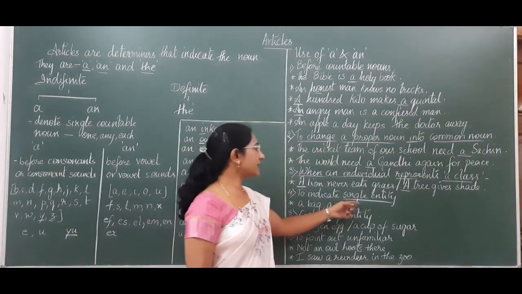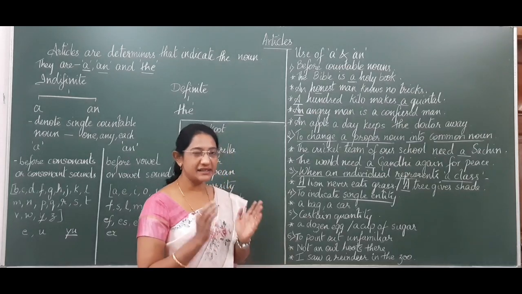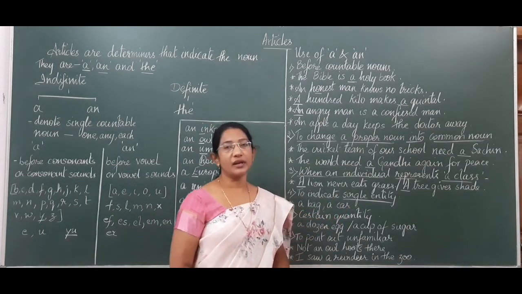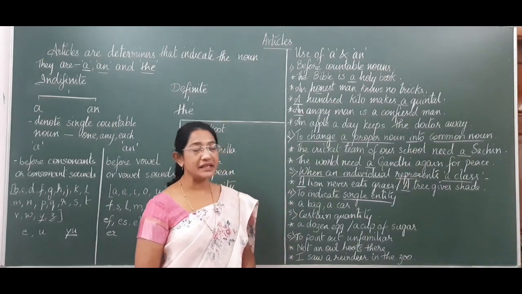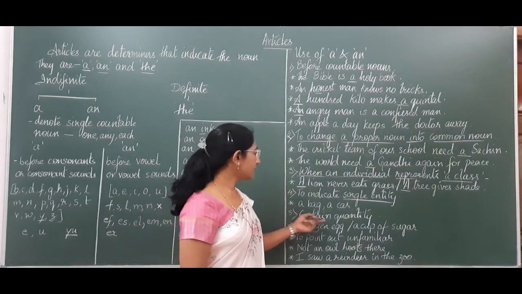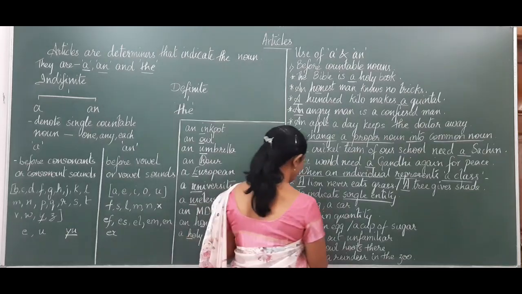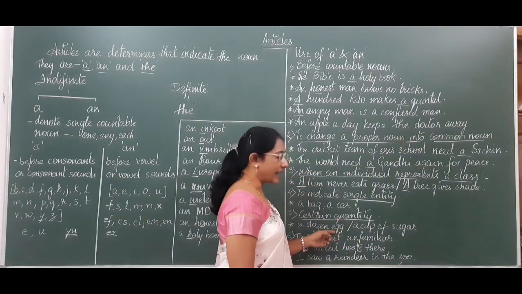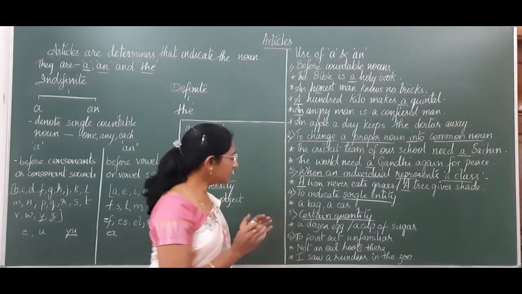To indicate a single entity, like any single thing: a bag, a car, a toy, a ball. Next, to denote a certain quantity. A dozen eggs.